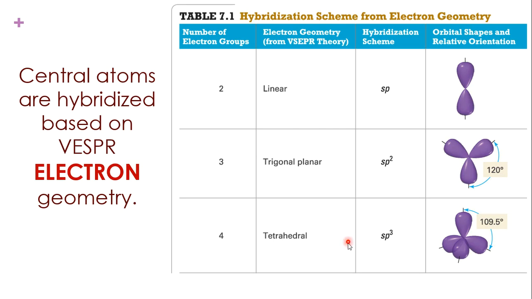So there certainly is a connection between hybridization and electron geometry. The key here is electron geometry, okay? So we're not talking molecular geometry. We're taking electrons into account. So electron geometry and hybridization are connected.